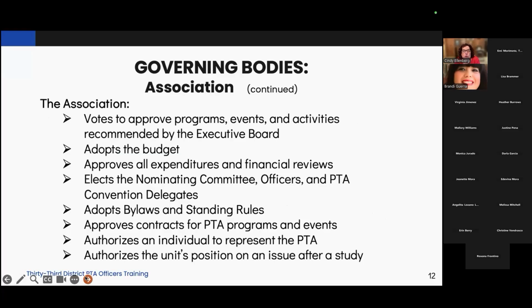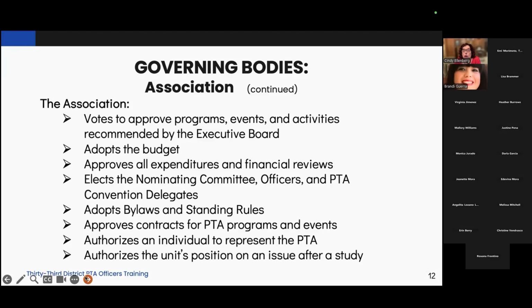The association votes to approve programs, events, and activities that are recommended by your executive board. They adopt the budget. They approve all expenditures and financial reviews. So it's the association that approves that bills are paid. They also elect the nominating committee, officers, and PTA convention delegates. They adopt the bylaws and standing rules.